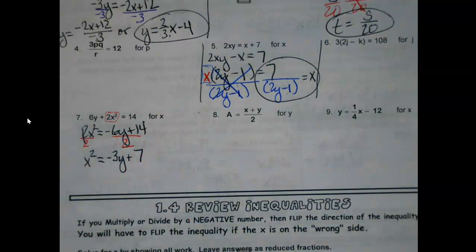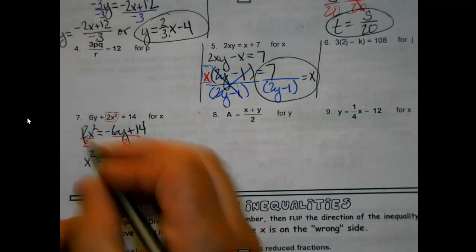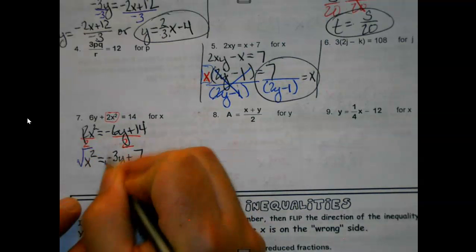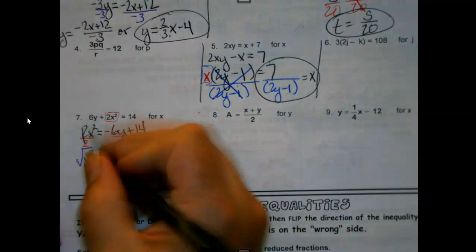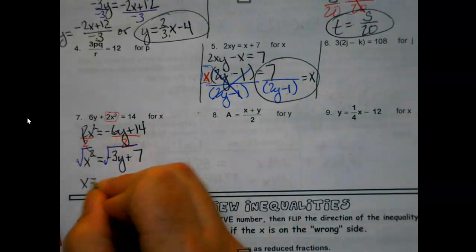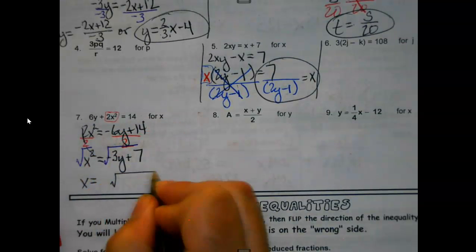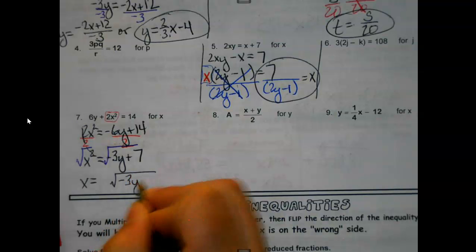Ooh. Okay. What's the opposite of squaring something? Square root. Now, here's the kicker. Here comes the part people forget. Well, a couple things.